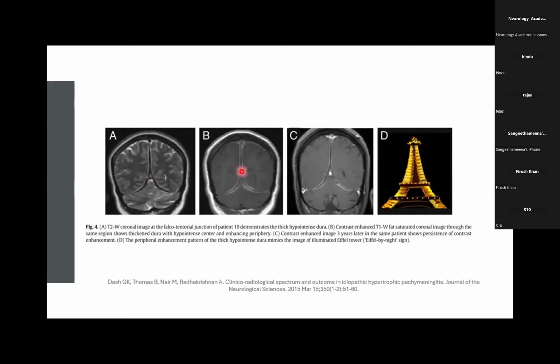This appears like an illuminated Eiffel Tower at night. Hence, the name illuminated Eiffel Tower. It was described by Vijay.